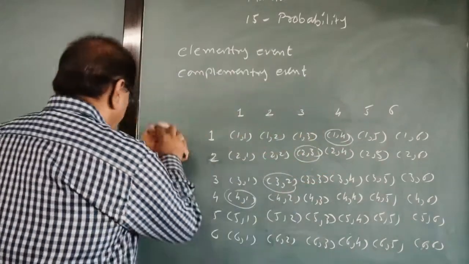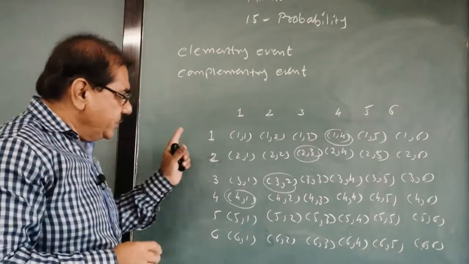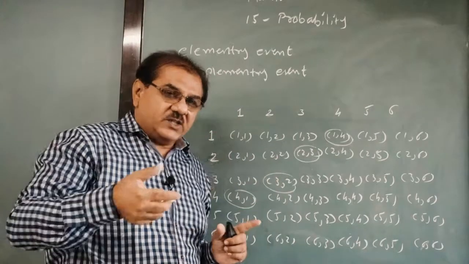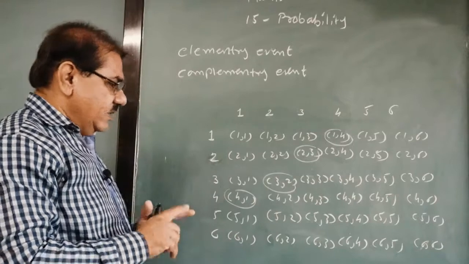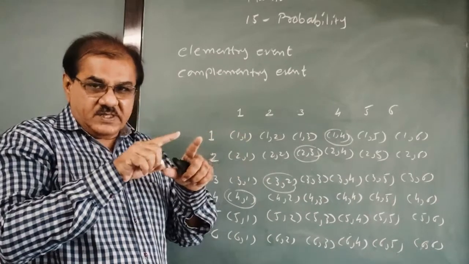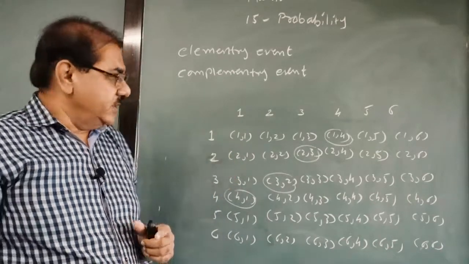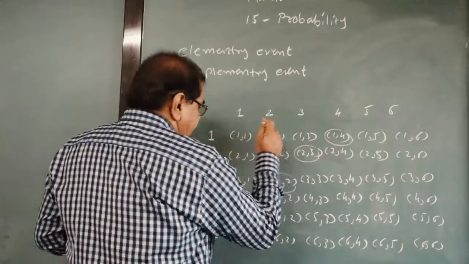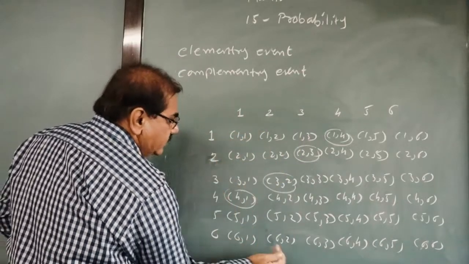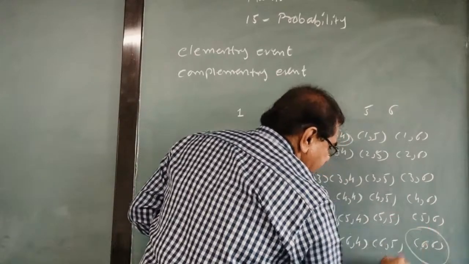One more question I can form in the same manner: when two dice are thrown simultaneously, what is the probability that the sum of the two numbers on the top of the dice is more than 12? You can check here, if you add any two numbers, the maximum is 12.